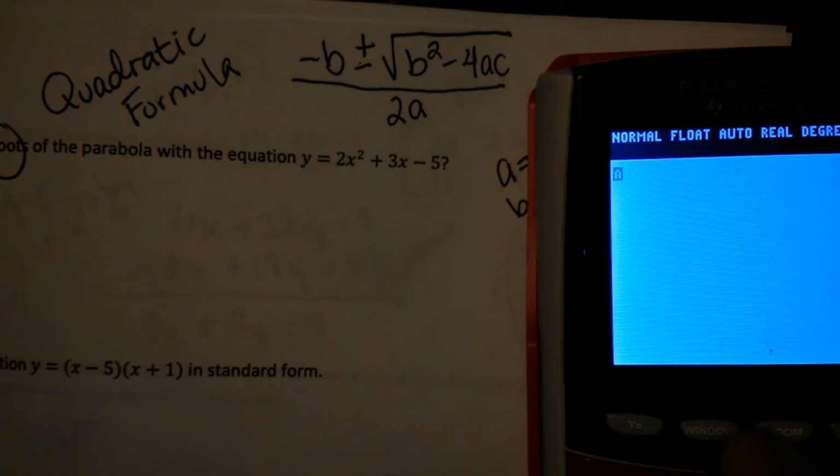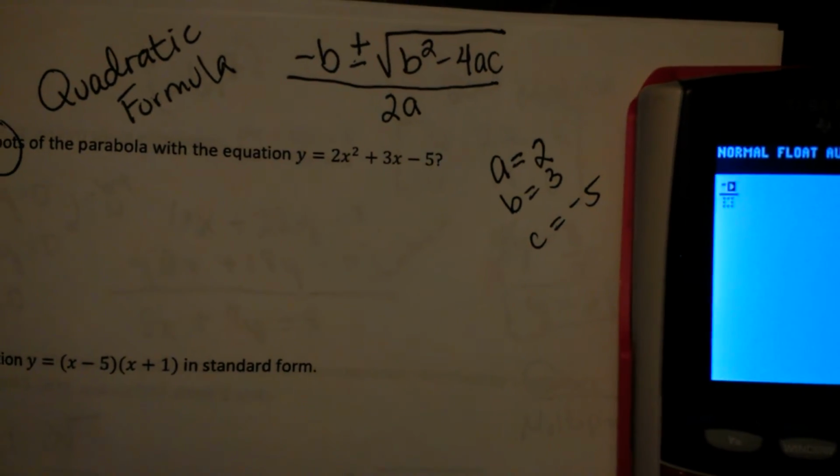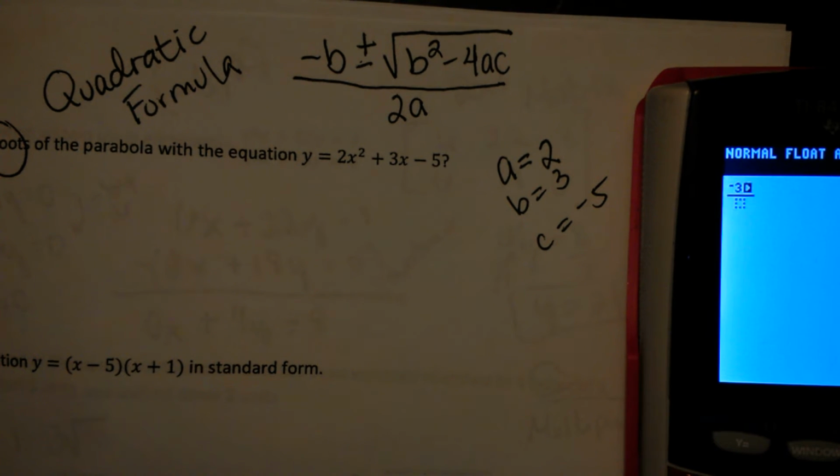So I have alpha y equals, enter, -b plus the square root of b squared minus 4 times a times c, over 2 times a.